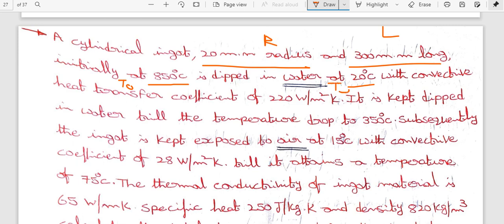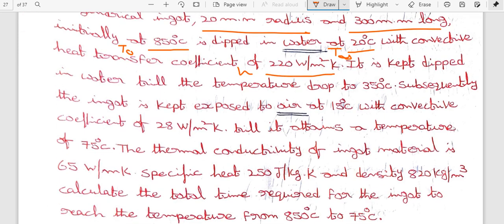The water is at T infinity, with a convective heat transfer coefficient H given. It is kept dipped in water till the temperature drops to 350 degrees, so that is the T value.